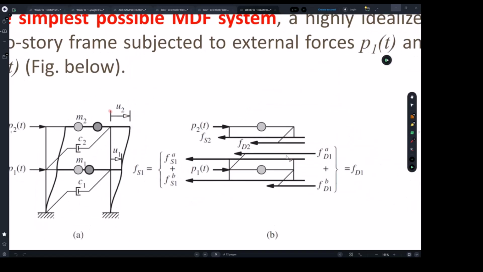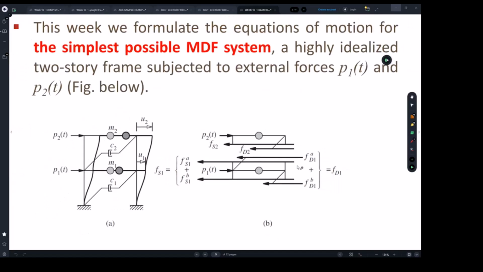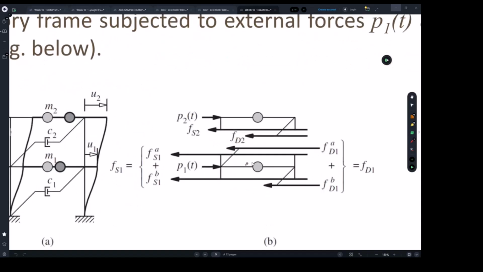So what we want to see here is how we find the free body diagram for each floor, because where I want to take you from here is to formulating the equation of motion for such a system. For this first floor, it's a little bit complicated because this mass is governed by, and the equation of this mass is going to be a function of, the upper columns and the lower columns.